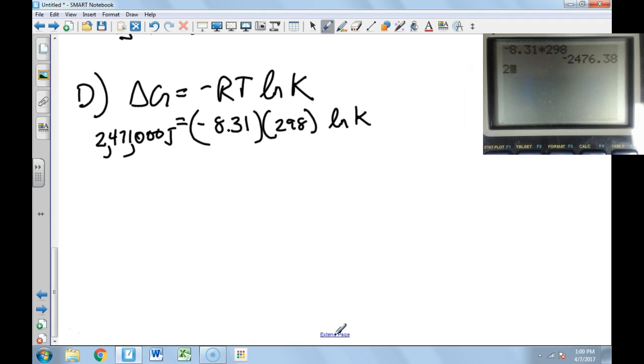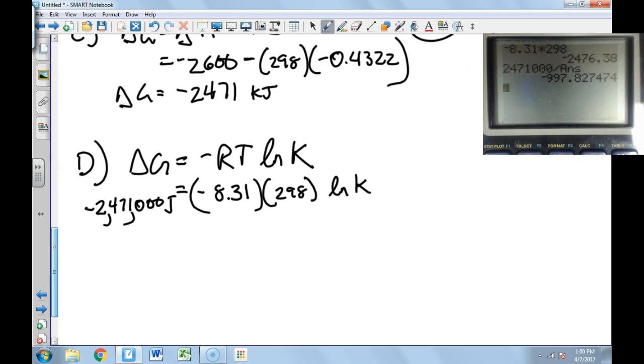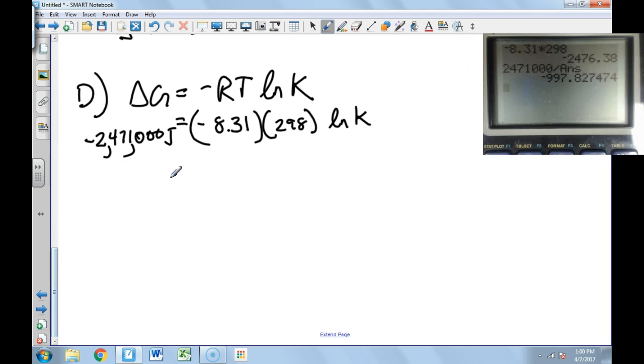And now I'm going to take 2471000 and divide it by the answer. Oh, and that delta G is negative up here, right? I missed the negative. How can I have missed? Oh, no, I got the negative sign up there. And so now we get 997 equals the ln of K.